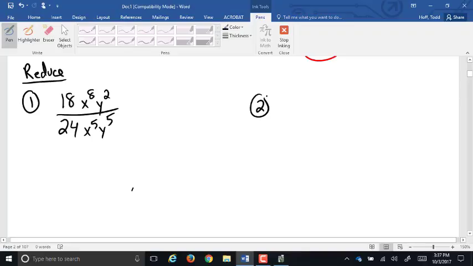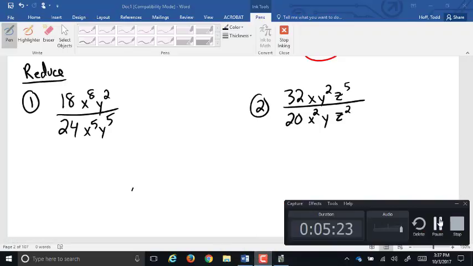And then I'll also have you reduce 32 x y squared z to the fifth over 20 x squared y z squared. Have you reduce those two, and we'll talk about them in just a second.